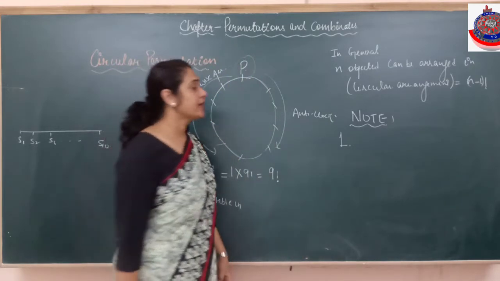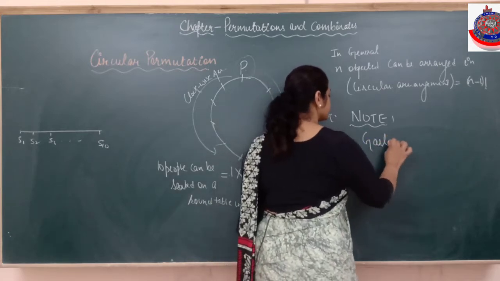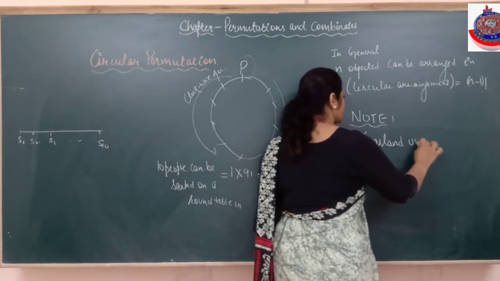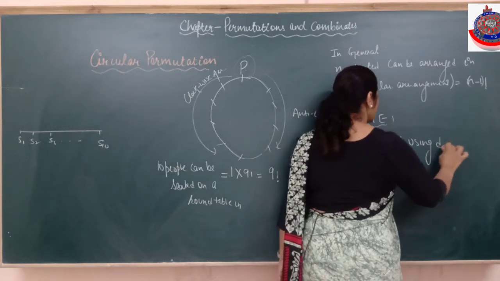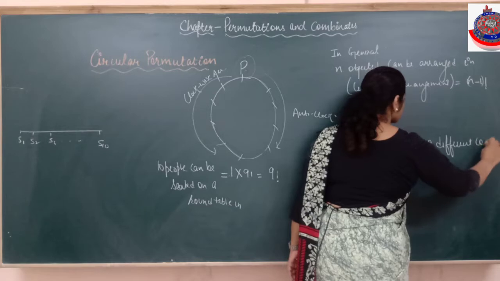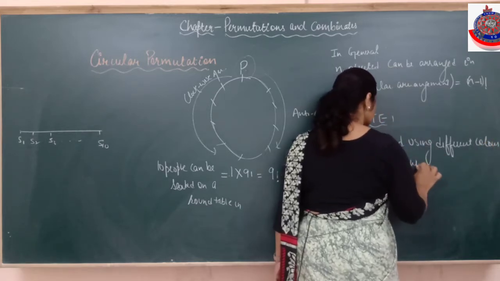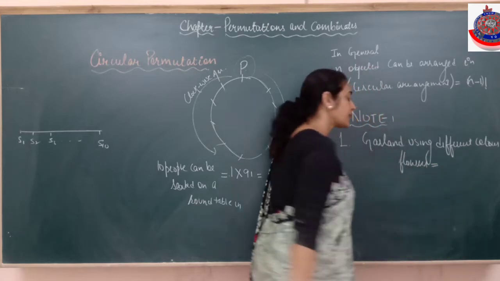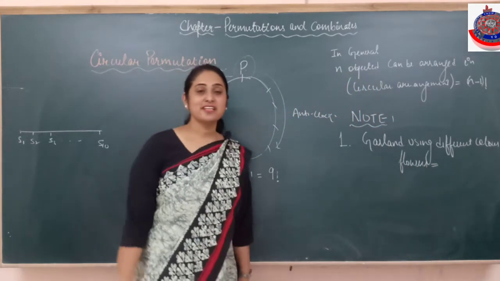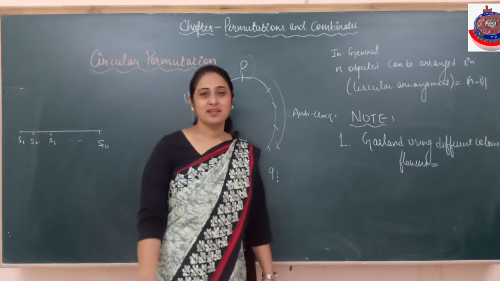Suppose I am making a garland using different color flowers. When you make a garland using different color flowers, can you distinguish towards the end what was the first one?